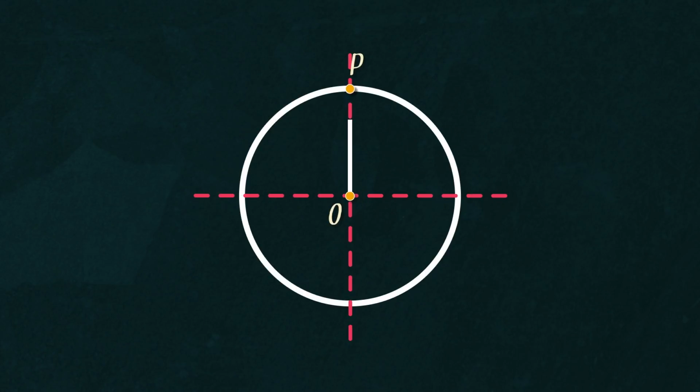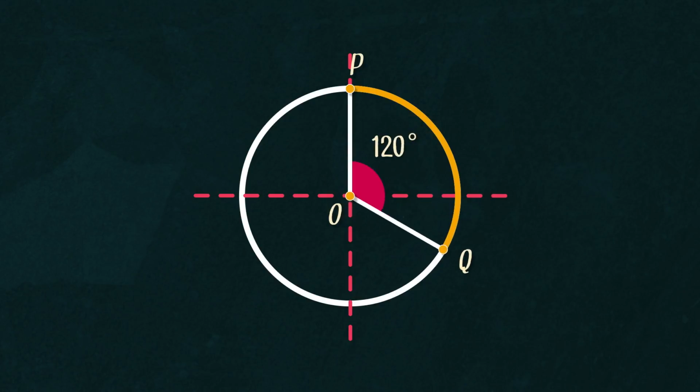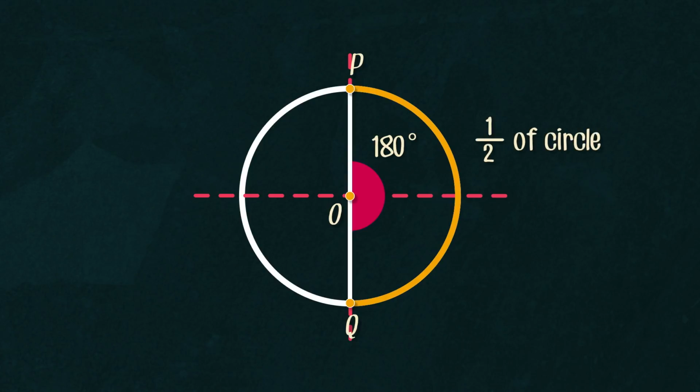In this first example, the minor arc PQ is 1/4 of the circle. That is, the length of the minor arc PQ is 1/4 of the circumference of the circle. The angle subtended by PQ at the center O is 90 degrees. In this second example, the arc PQ is a semicircle, or half of the circle.